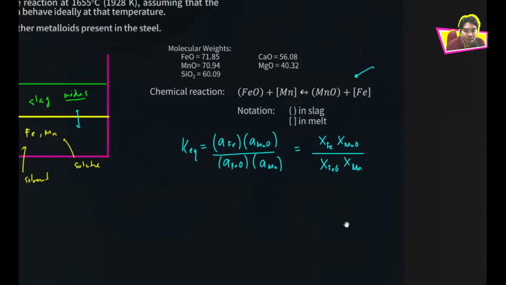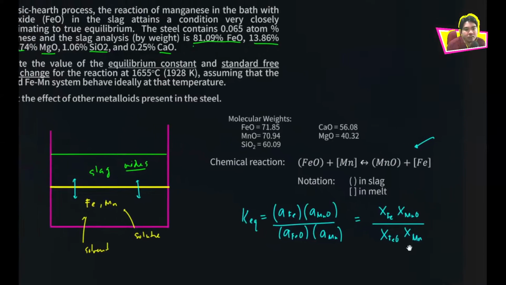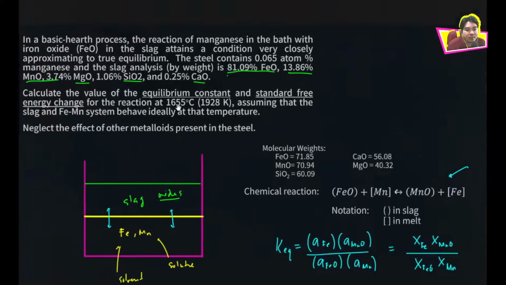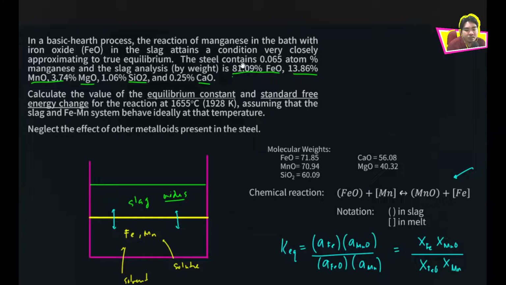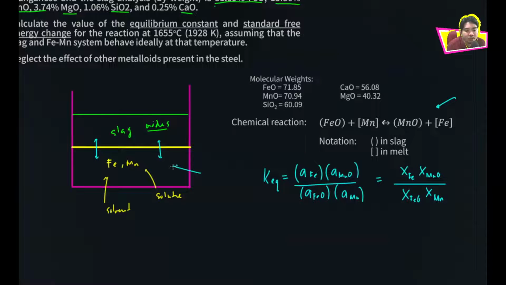Tama? So, to compute these molar fractions, pwede natin gamitin yung slag analysis, pati yung fraction ni manganese. Kasi 'di ba, sabi natin, this is one solution, so meaning one homogeneous mixture to, and this is another homogeneous mixture, no? So this is one solution and one solution.